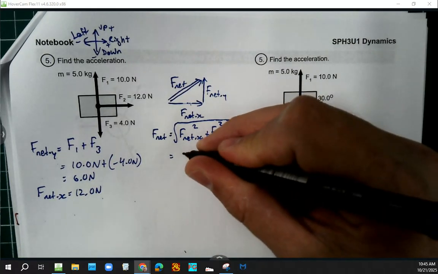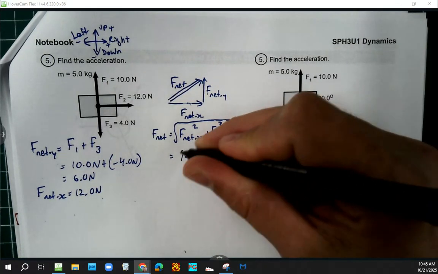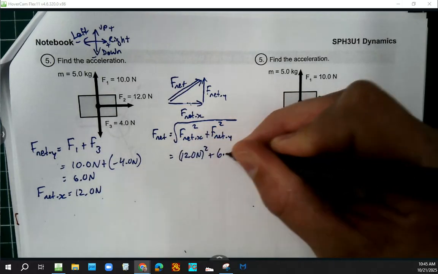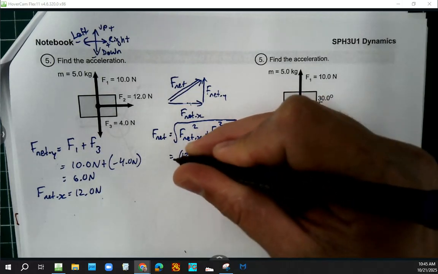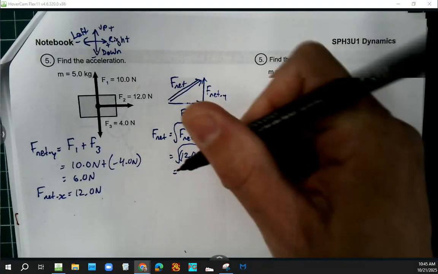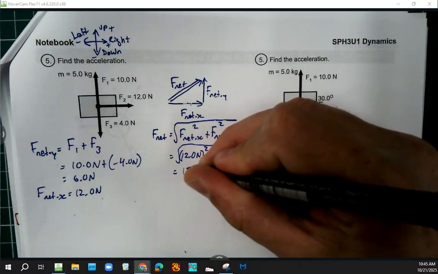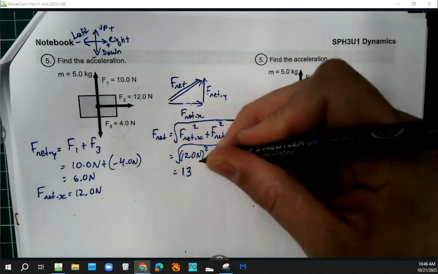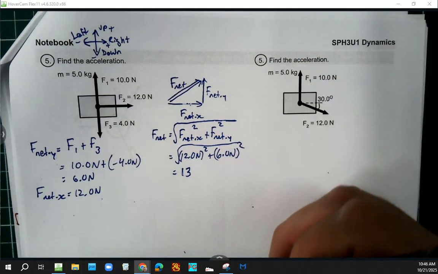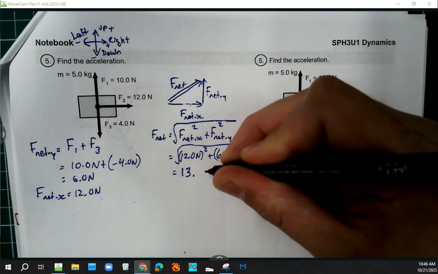So 12.0 newtons squared plus 6.0 newtons squared, all rooted. And I did this calculation beforehand. I think it's 13 and change, but can you guys give me some confirmation? What is it? 13 point what? 0.4. Can you give me a few more decimal places to work with? 4164, okay.